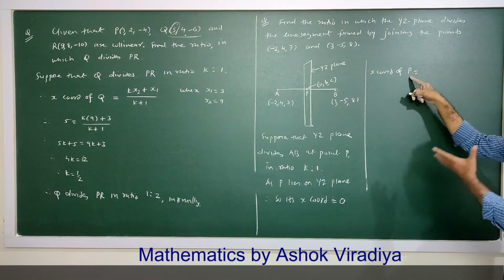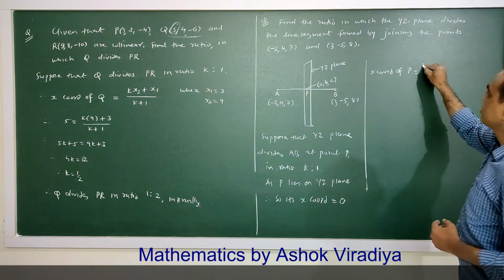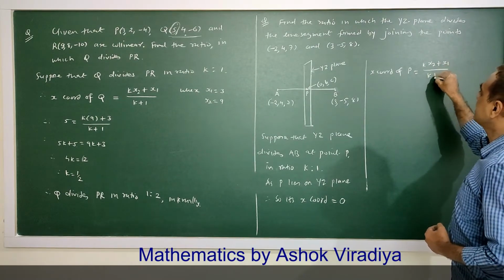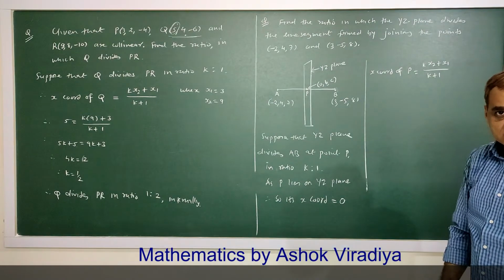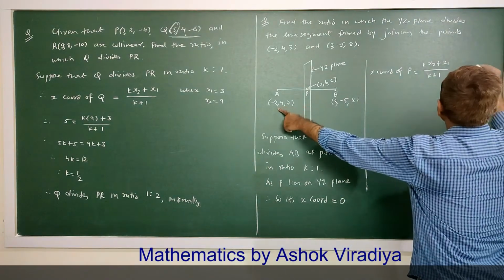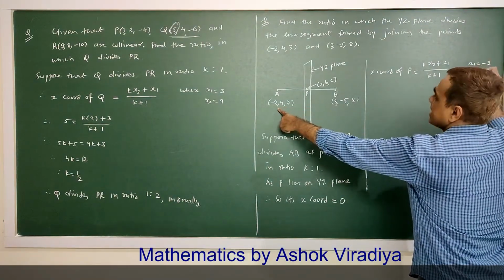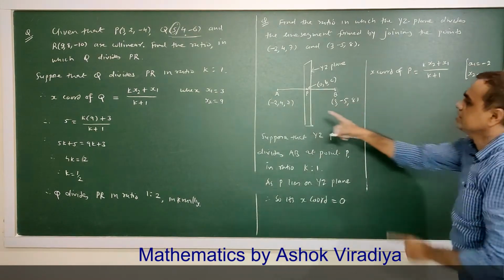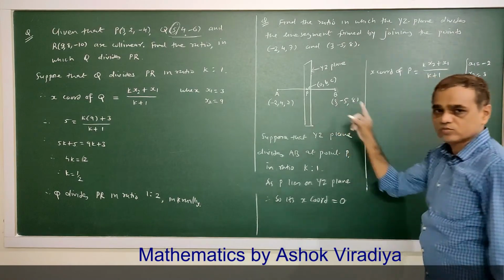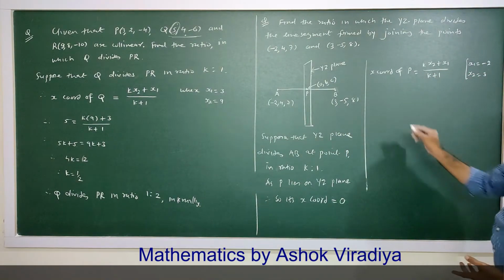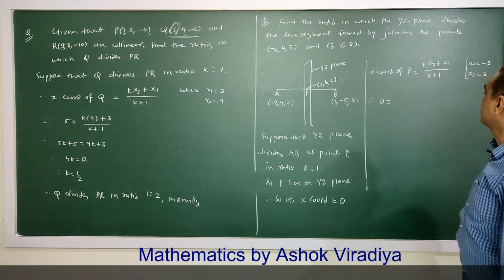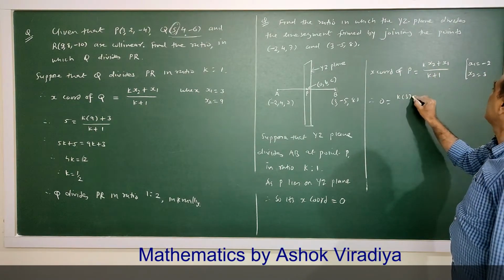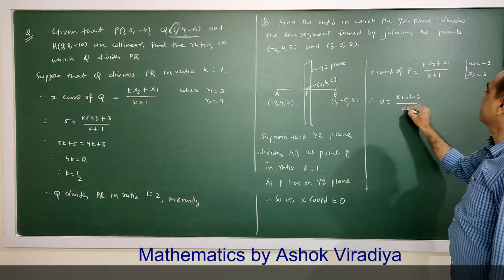So x coordinate of P is equal to kx2 plus x1 upon k plus 1, where x1 is -2 and x2 is 3. This is x1, this is x2. So therefore 0 is equal to k into 3, x1 is -2, upon k plus 1.